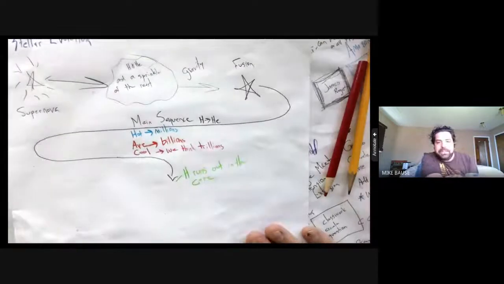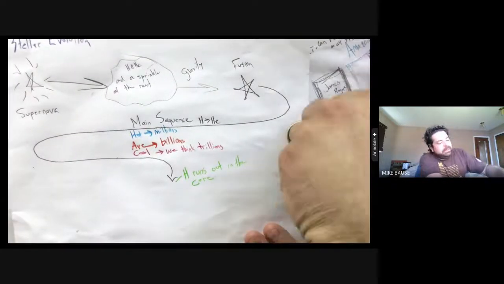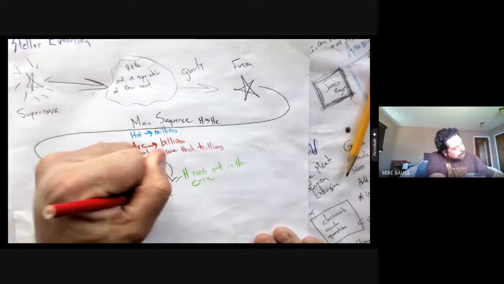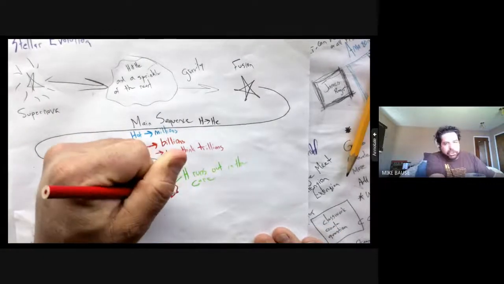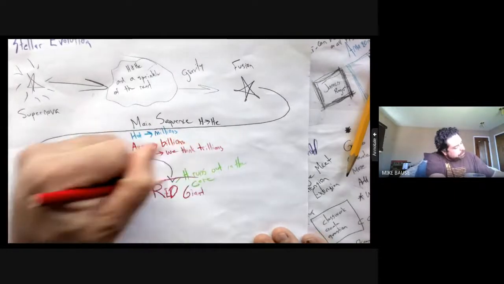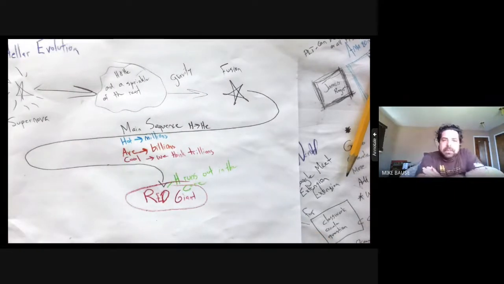When hydrogen runs out in the core, it enters into the next phase of life. The red giant. Anyways, the red giant phase. All stars will do this series of events. They'll live, they'll die, and they'll eventually become a red giant.